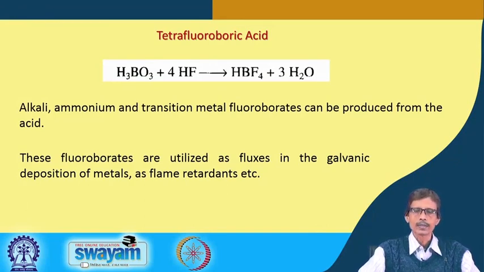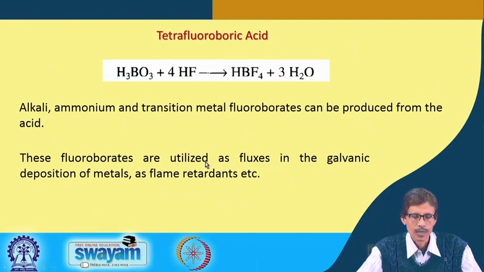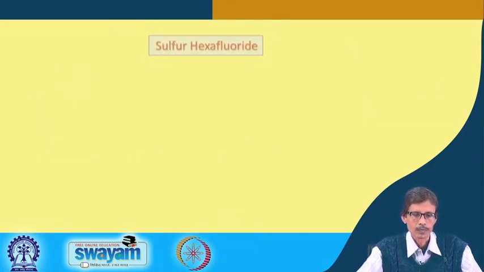If we go for transition metal deposition, it is transition metal ion fluoroborates. So, transition metal ion fluoroborates in a corresponding electrolysis bath, you take them and you can go for electrolysis, or sometimes these fluoroborates are also useful as a flame retardant material. So, they can reduce the flame and extinguish the flame for some useful purposes.